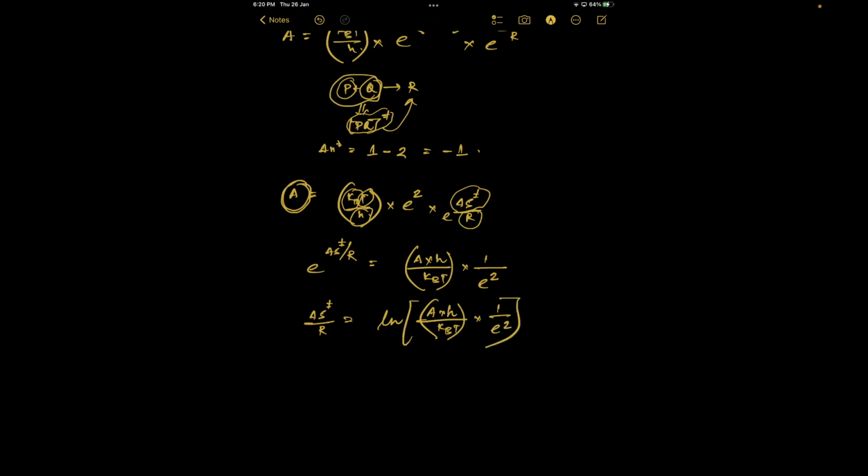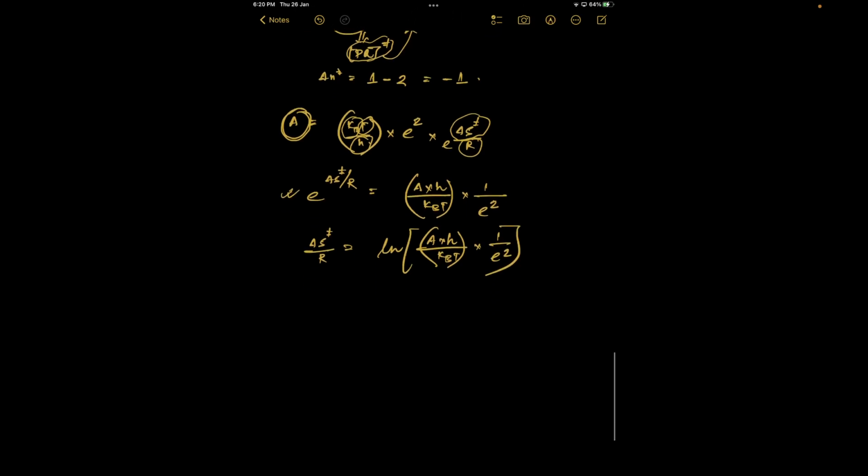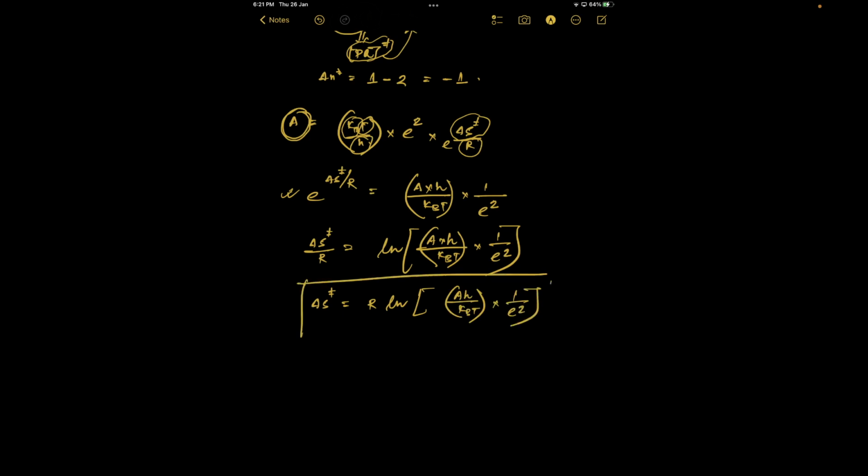If you take the logarithm of both sides of this equation, ln means it is e base, remember that. So basically delta S double dagger will be equal to R times ln of A h divided by kBT times 1 upon e square. This is the expression of entropy of activation.